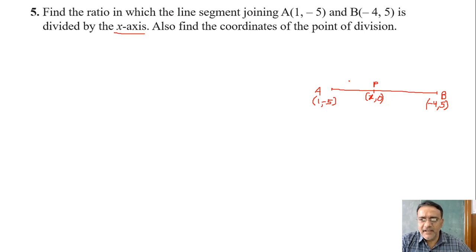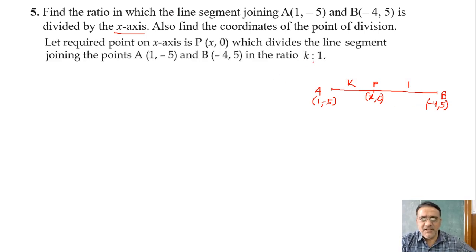Now again we have to find the ratio, so we take k is to 1. The value of x1 is 1, y1 is minus 5, x2 is minus 4, y2 is 5, m1 is k and m2 is 1.